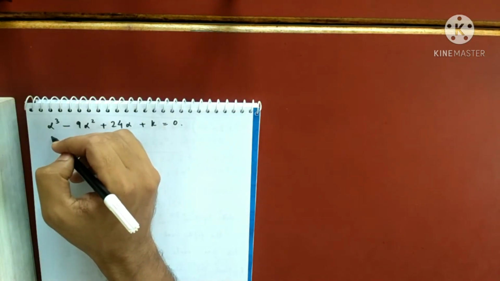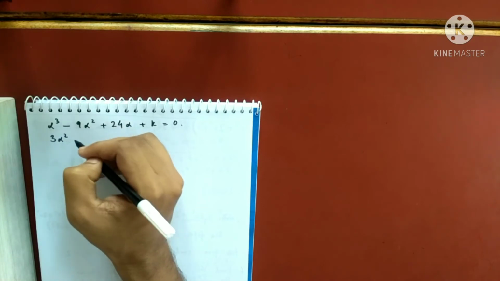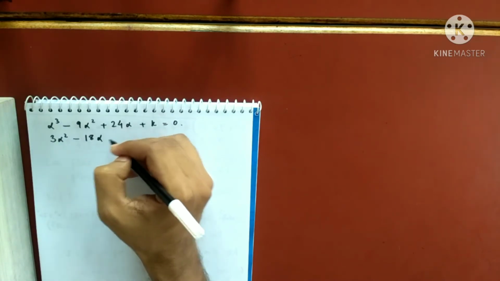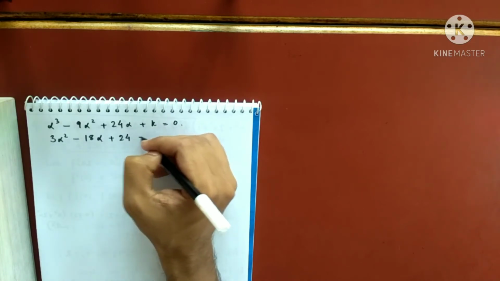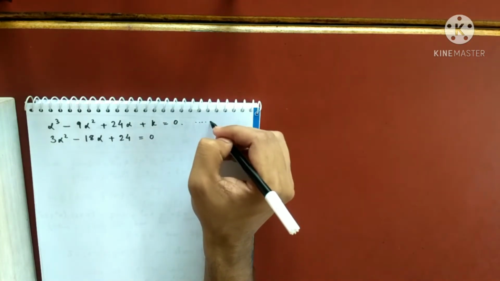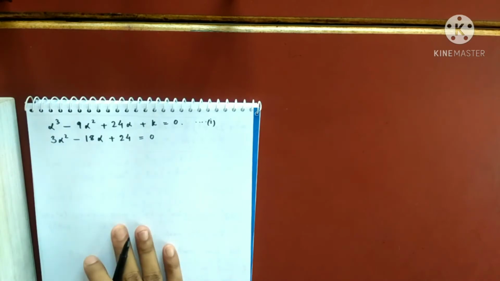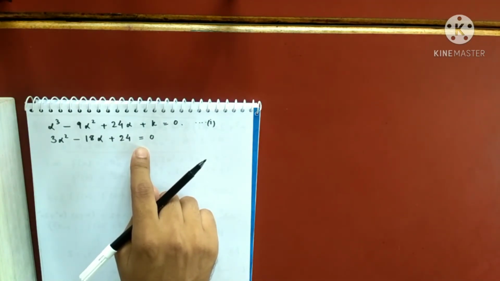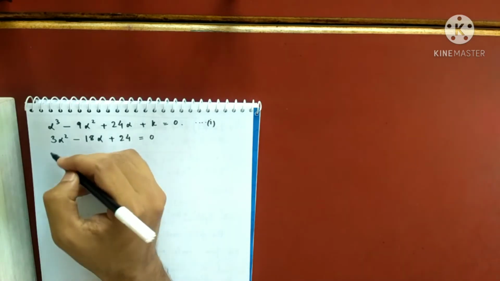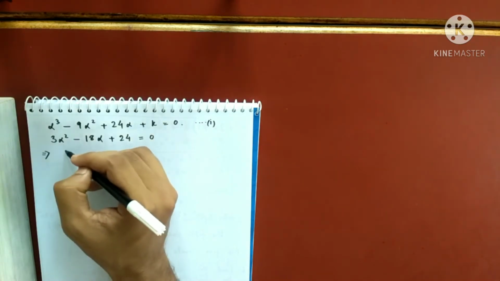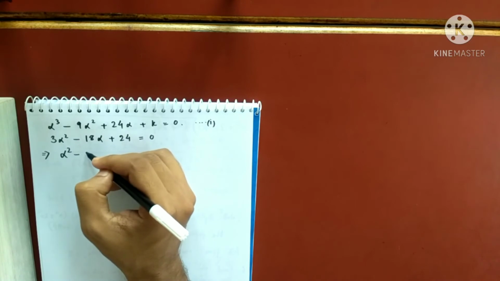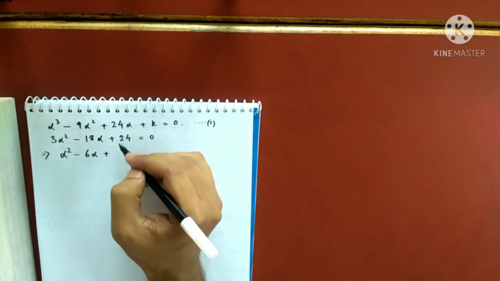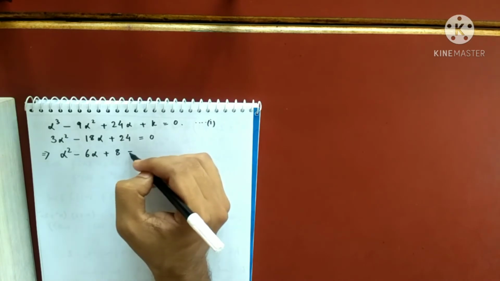So f dash alpha will be 3 alpha square minus 18 alpha plus 24 equals 0. This is equation 1, right? This will be f dash alpha. You just check it: 3 alpha square minus 18 alpha plus 24. Now you can simplify this by taking 3 common. Alpha square minus 6 alpha plus 8 equals 0.